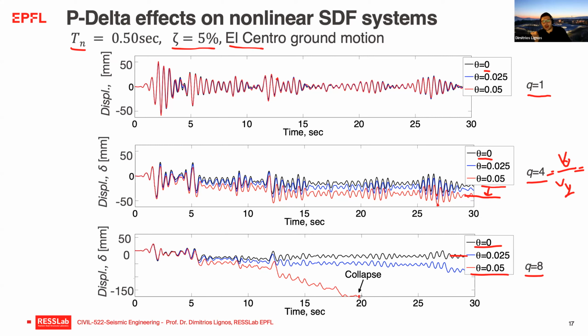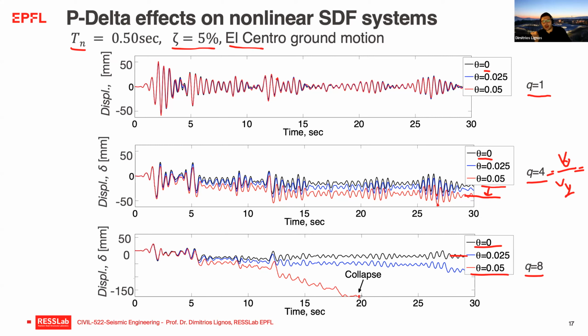So if I go back one slide and clean this slide a little bit, essentially what I did in this case is that instead of allowing my oscillator to enter the nonlinear response here, I have reduced the strength considerably and come to a point that is somewhere here.